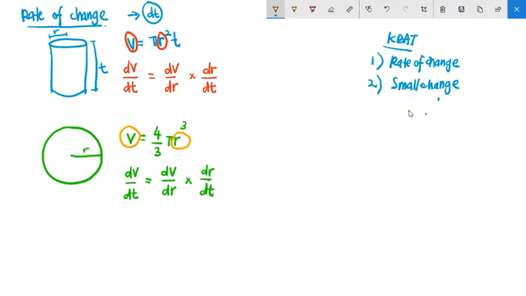Next, kita tengok pula bentuk cone. Okay, cone.